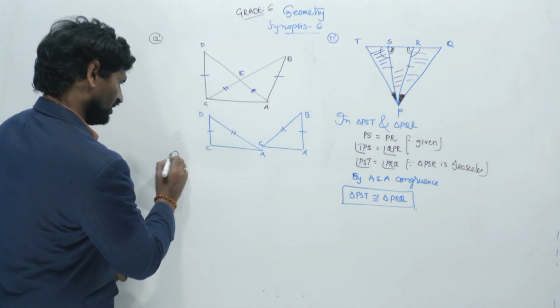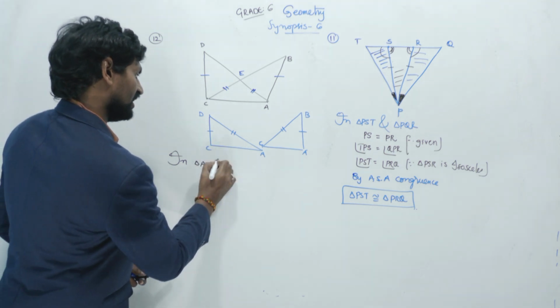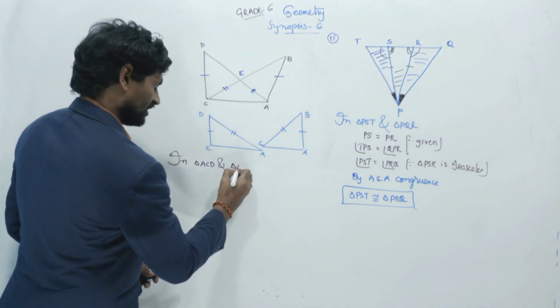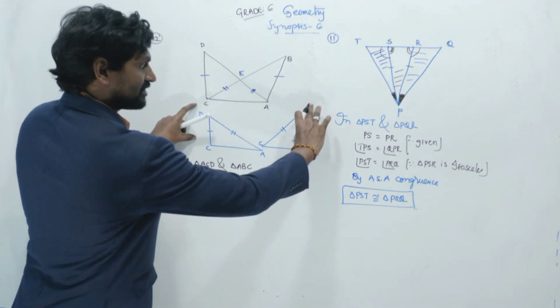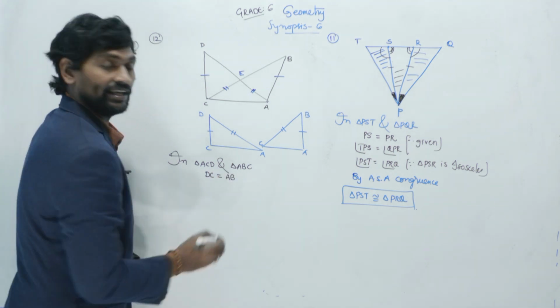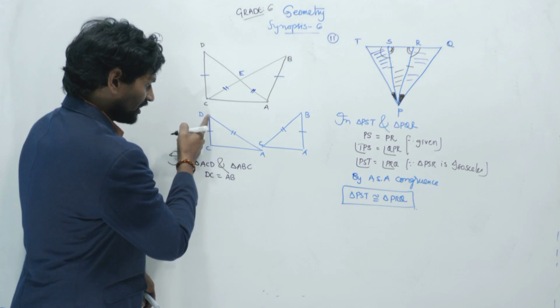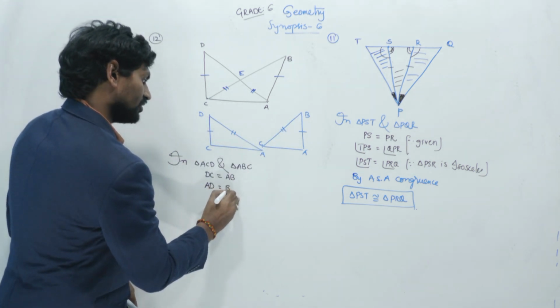That means in triangle ADC (or ACD) and triangle ABC, DC length equals AB length. Next, AD length equals BC length.